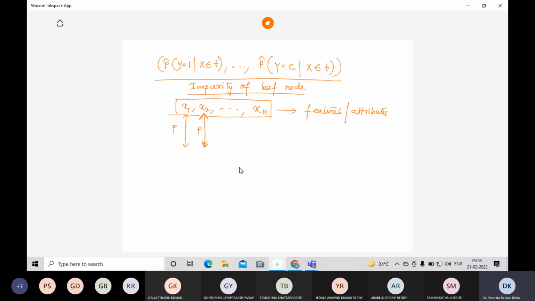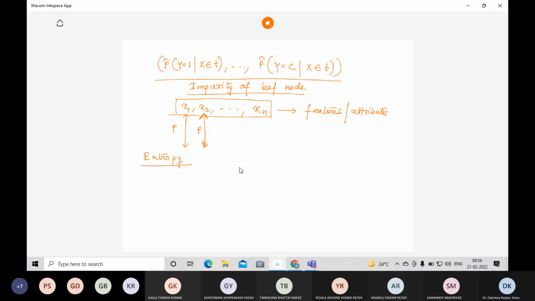Now we will be talking about the splitting parameters, or splitting constraints, based on which we can split the decision tree into a number of branches. These splitting parameters will help us get the correct class label of a given example. The first such splitting parameter is entropy.